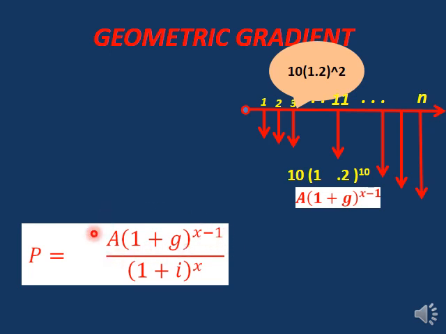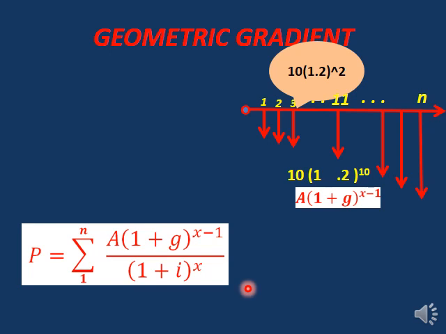So any cash flow on the x period divided by the present worth factor gives the present worth of that cash flow. And then substituting the values of 1 up to n, we get the total amount of the present worth of all of these cash flows. So this is the formula to compute the present worth of the geometric gradient.